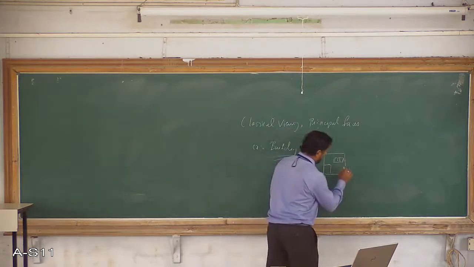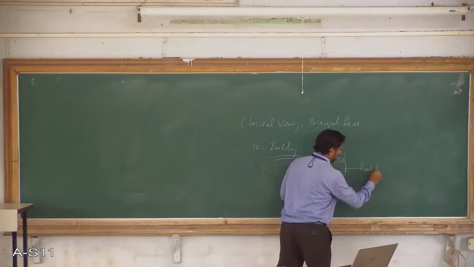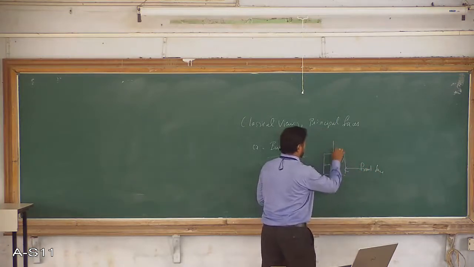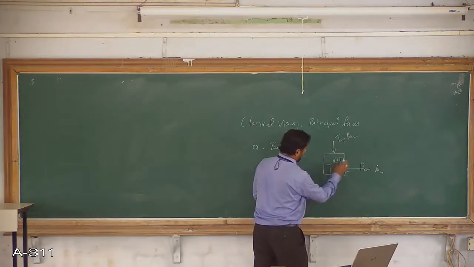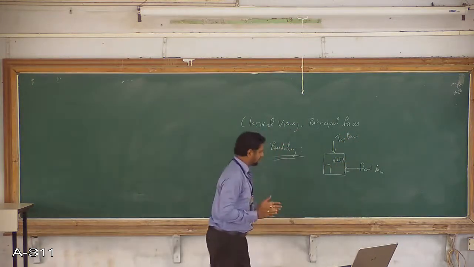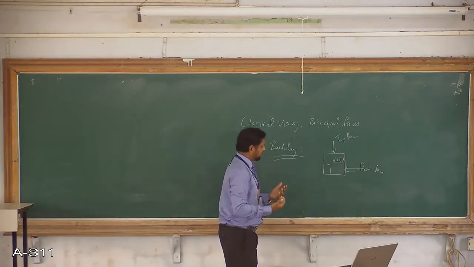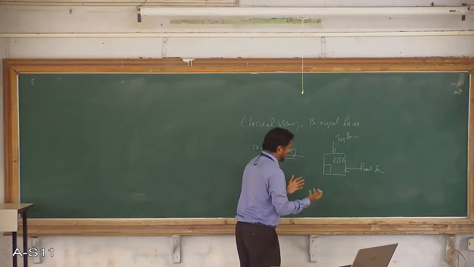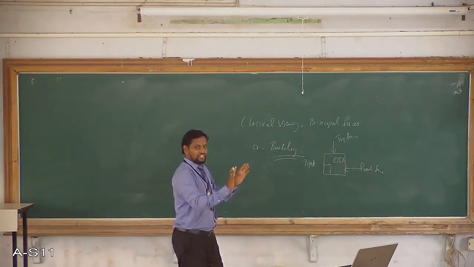I can now depict this picture with this as the front face, this as the top face. If I am standing this way and the building is here, standing at the side of the building, I can say I am standing at the right, and I can view the right side of the building.